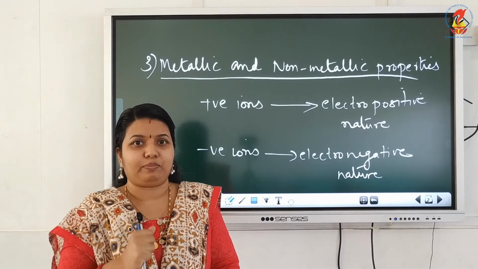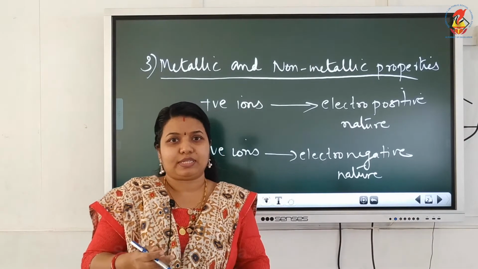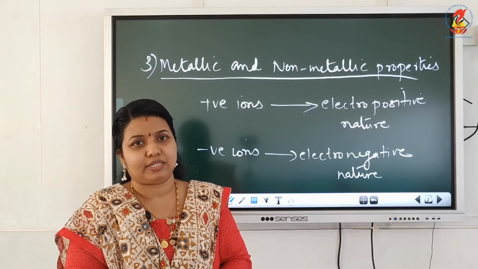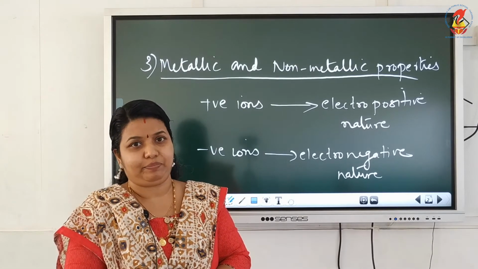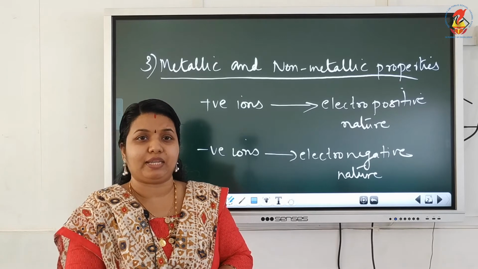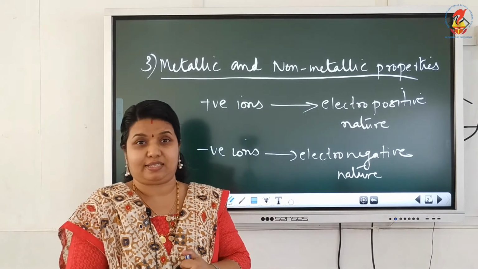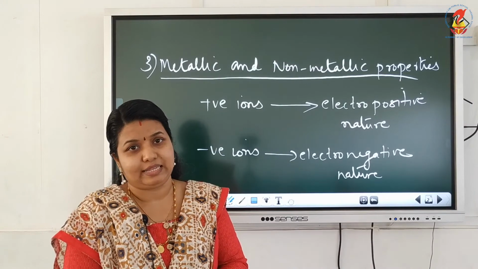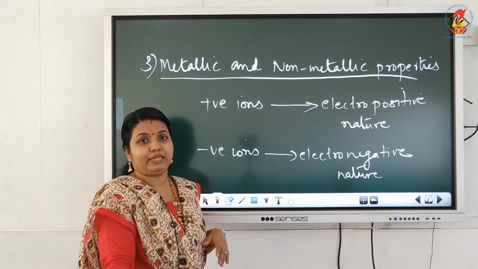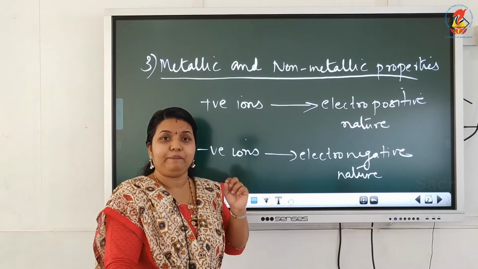So, electrons cannot be pulled, cannot be attracted closer towards the nucleus. Size is more, so effective nuclear charge is less. So, electrons cannot be gained easily. So, down the group electronegative character or non-metallic character decreases.